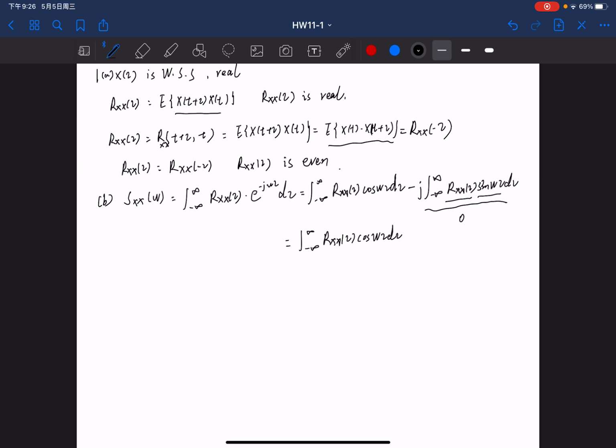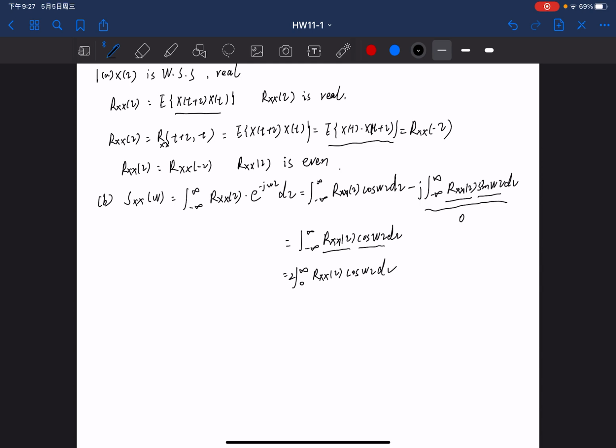And because the cosine omega tau is an even function, and this part is also an even function, so we can write it into this format: 2 multiplied by the integral from 0 to infinity of R_xx(tau) multiplied by cosine omega tau d tau.